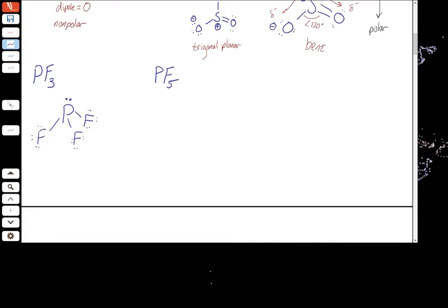Okay, so now let's figure out the polarity. Is there an electronegativity difference between P and F? Yeah. So we can draw our polarity vectors like this. Okay.